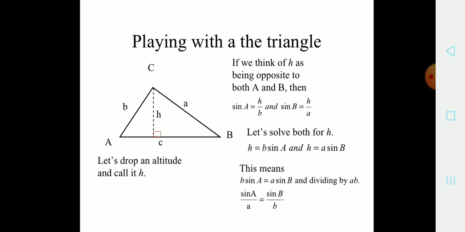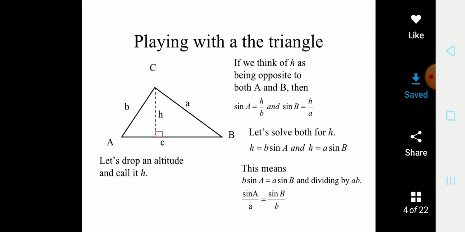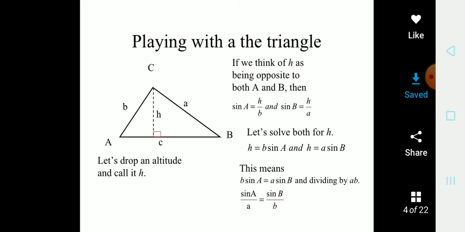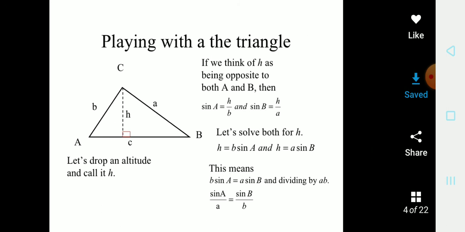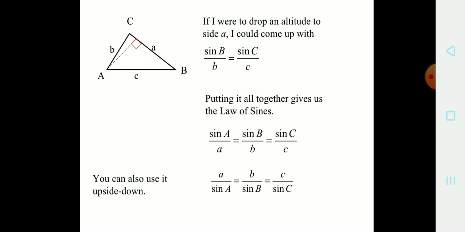So let's solve both for h. So h equals b sin A and h equals a sin B. So that means b sin A equals a sin B. Now let's drop the altitude from another side, and we could come up with sin B over b equals sin C over c.